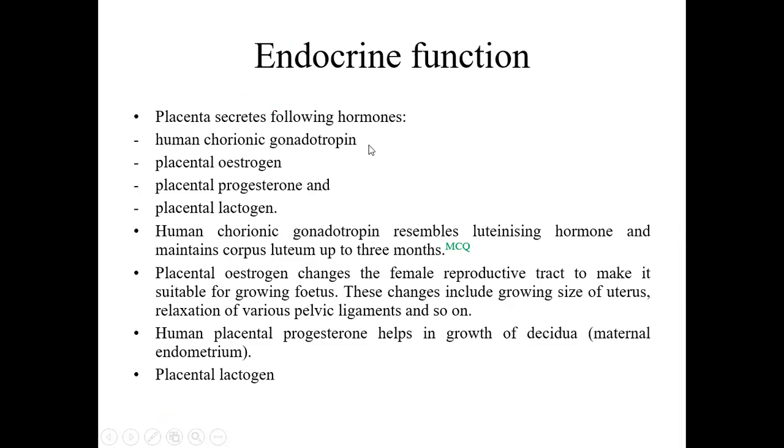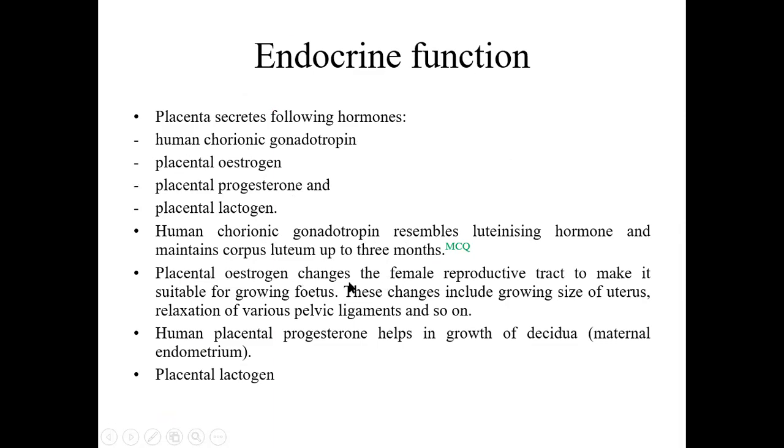It secretes human chorionic gonadotropin, which will carry on pregnancy. Then it secretes placental estrogen, placental progesterone, placental lactogen. Human chorionic gonadotropin resembles luteinizing hormone and maintains the corpus luteum up to 3 months. Later on, placental progesterone will take over and then it will maintain the pregnancy.